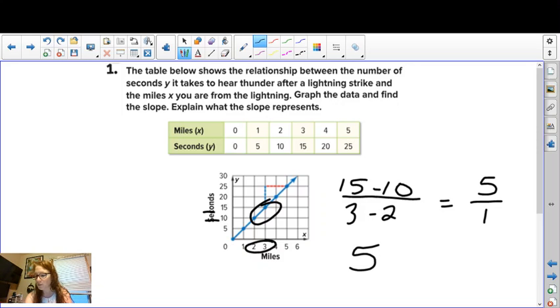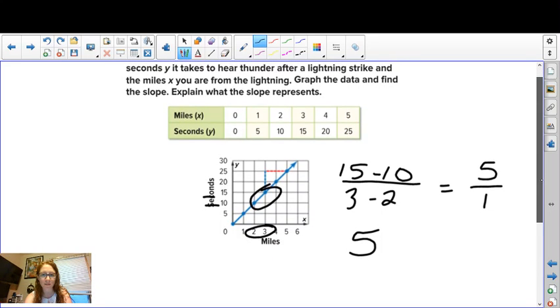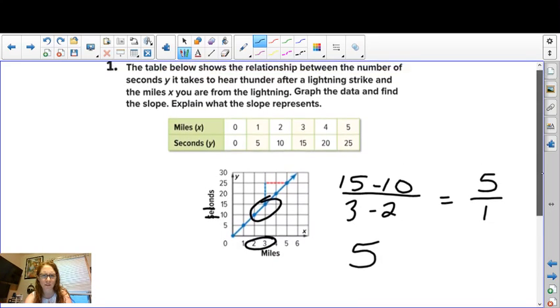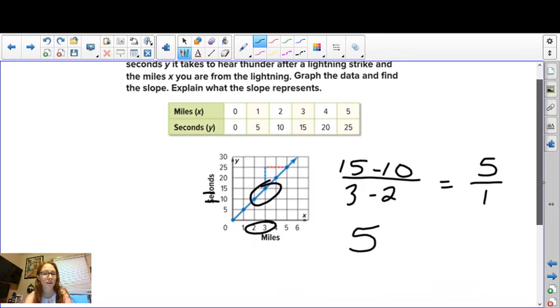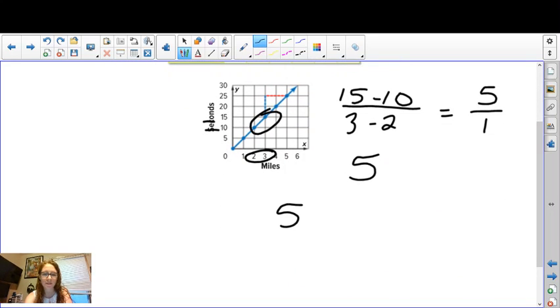And what is 5 representing? 5 is representing the sound of thunder. So 5 seconds represents, ooh, okay, this is not working.